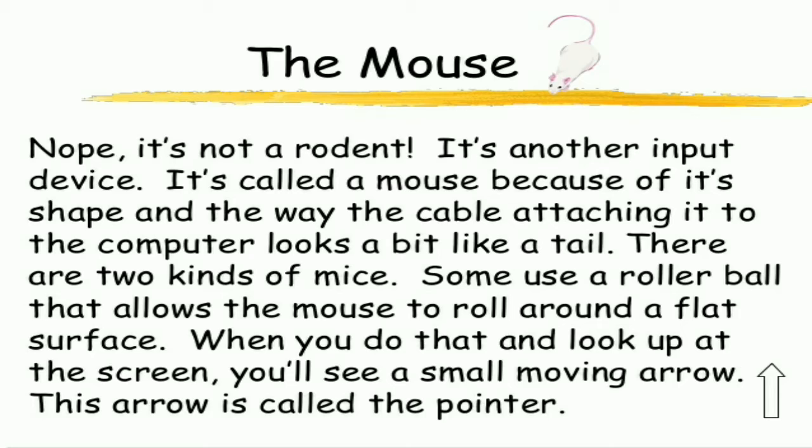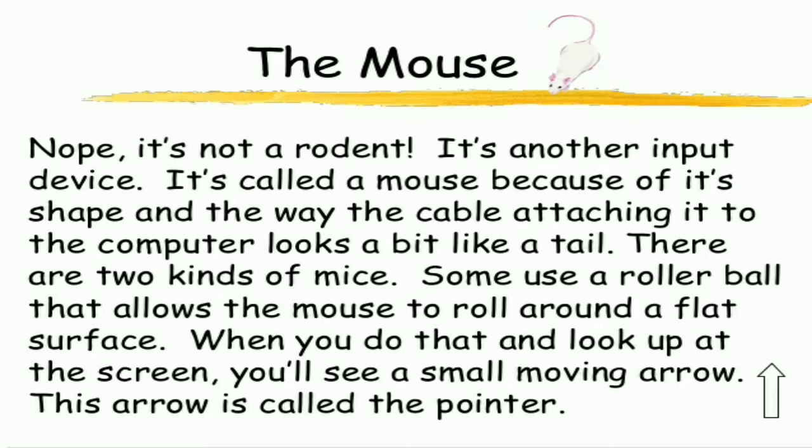Some use a roller ball that allows the mouse to roll around a flat surface, and when you do that and look up at the screen, you see a small moving arrow. This arrow is called the pointer.